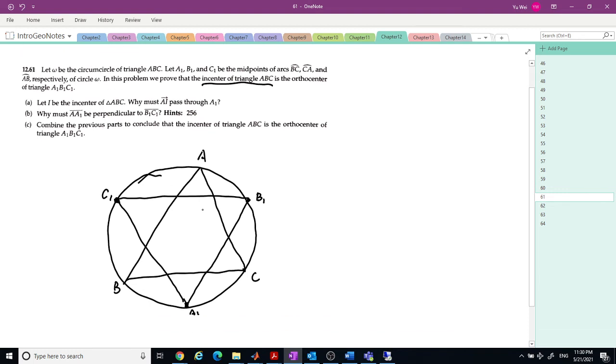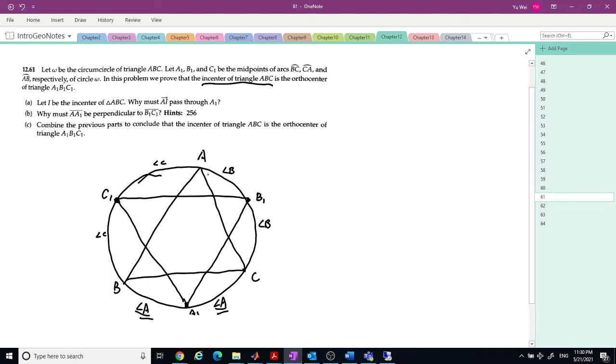Okay, so what you can see is these two arcs span the angle A, right? So this arc is the angle A, because half of 2A is A, right? Similarly, we know this arc is angle B, this arc is angle C, right? And 2A plus 2B plus 2C is the whole circle, okay?